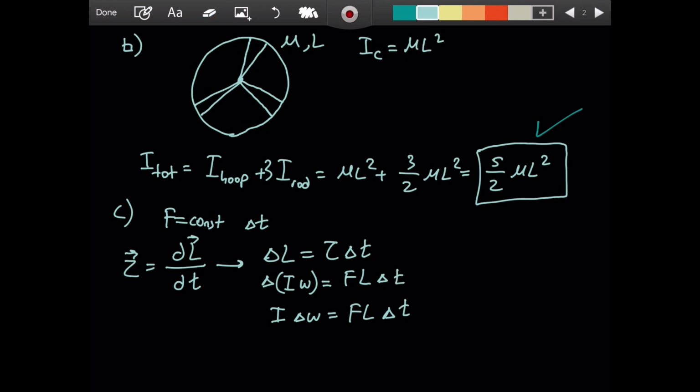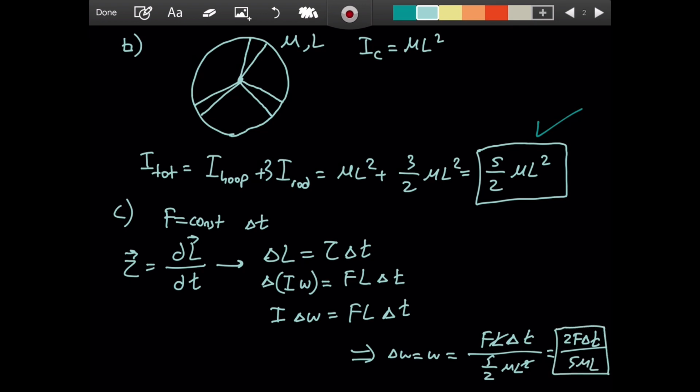We know that this motion starts from rest, so delta omega will simply give us omega, which means this is going to be FL delta t over the moment of inertia, which we found to be 5 over 2 ml squared. So when we simplify, one L cancels, and we have 2F delta t over 5 ml as the final answer to part C. And if you wonder, this part was worth 3 points.